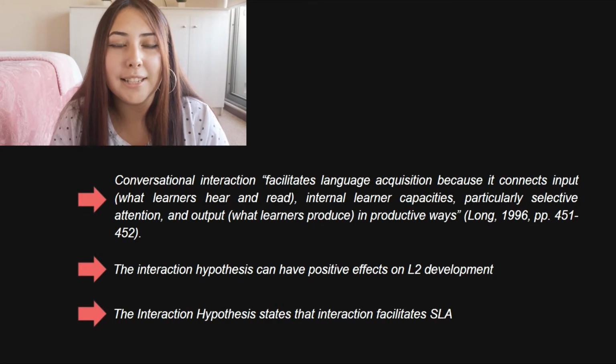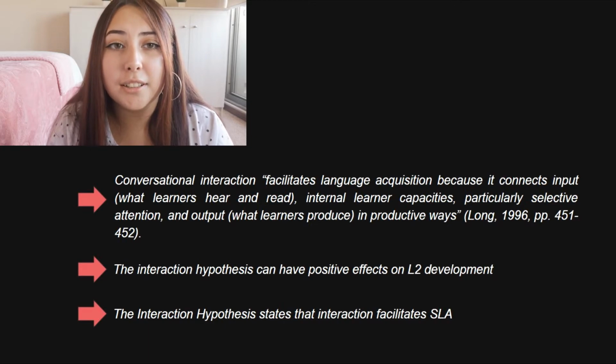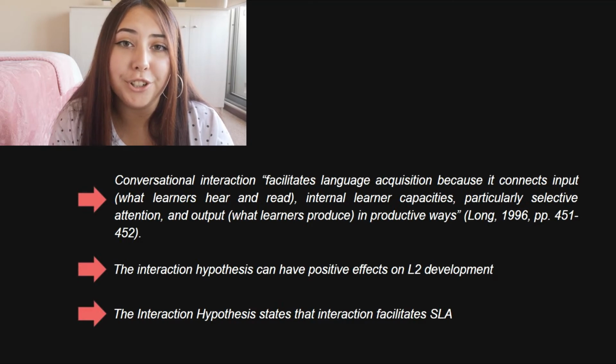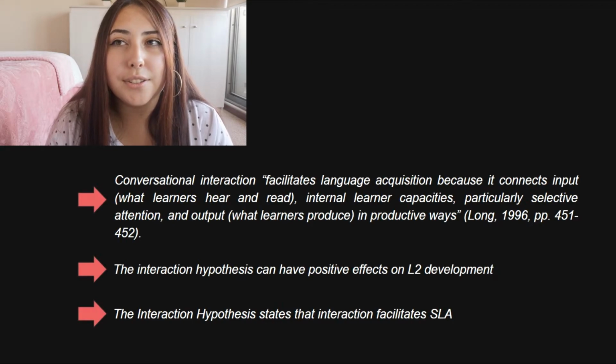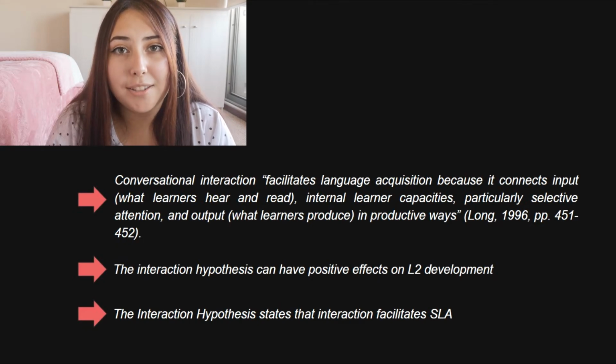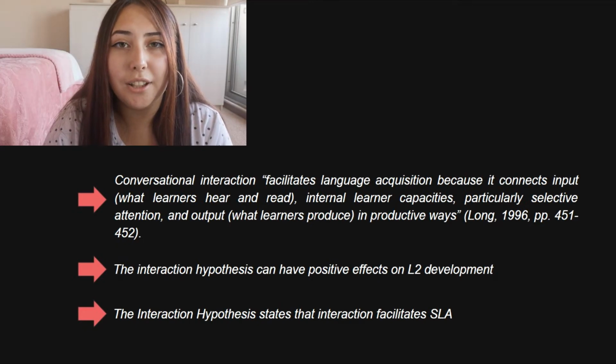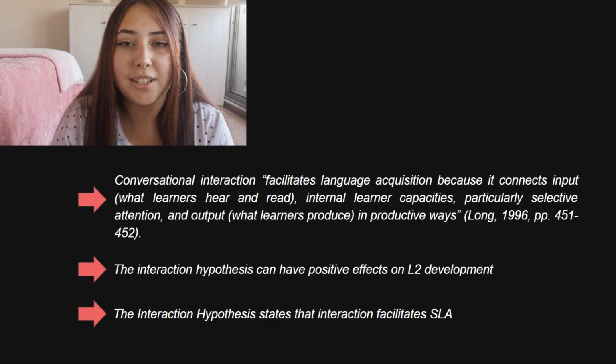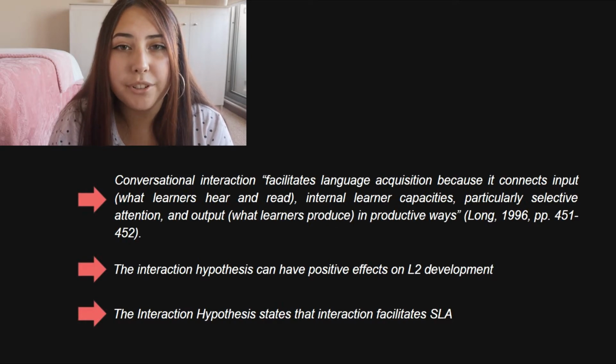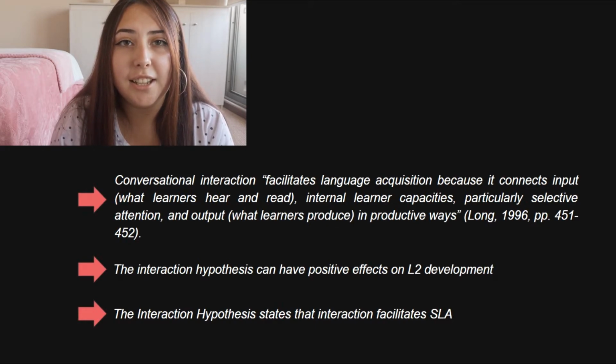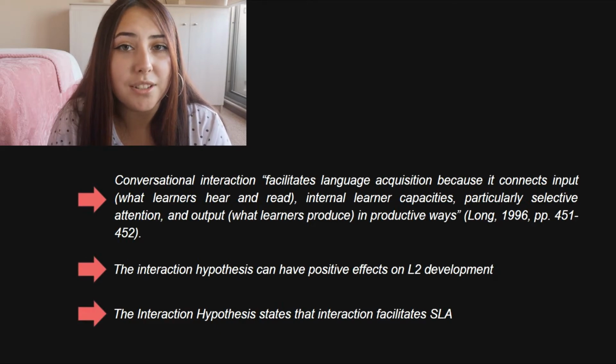It also connects internal learner capacities, particularly selective attention, and output, that is what learners produce. So all those things are connected in productive ways. Therefore, Long sees interaction as a very important facilitating factor in L2 acquisition success.